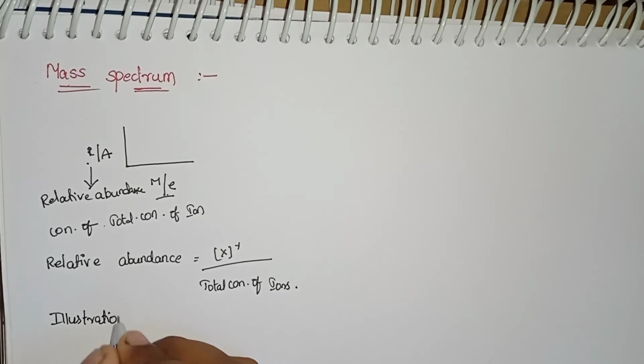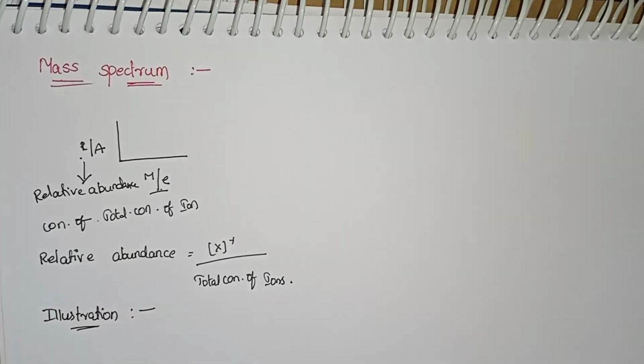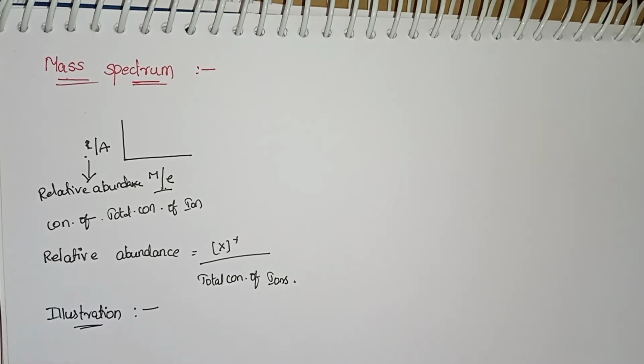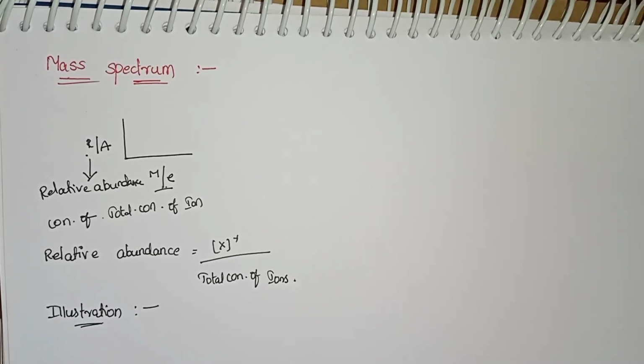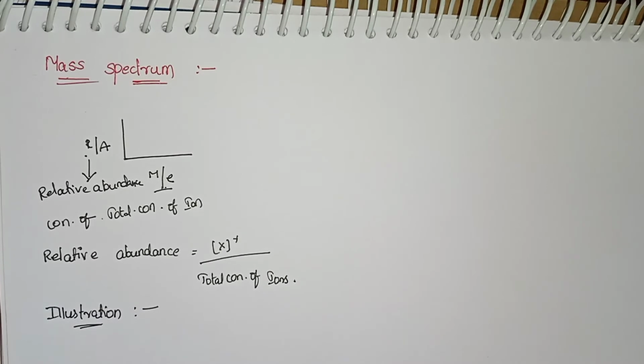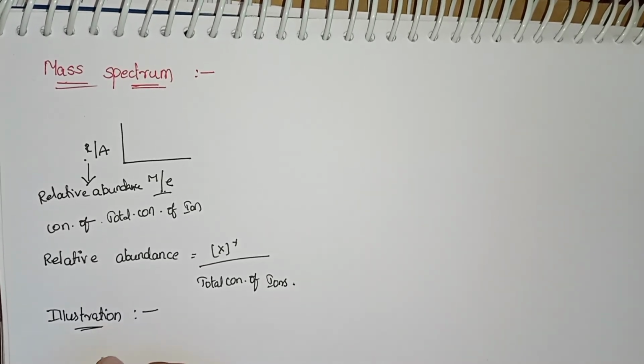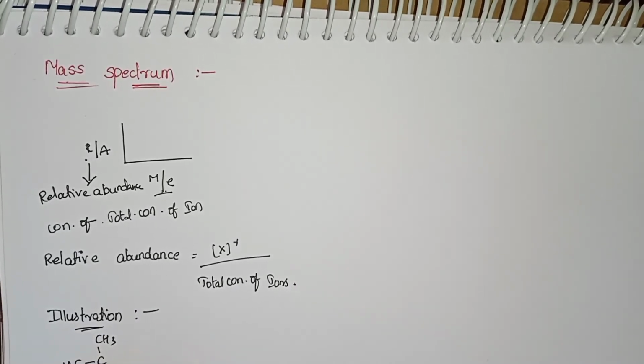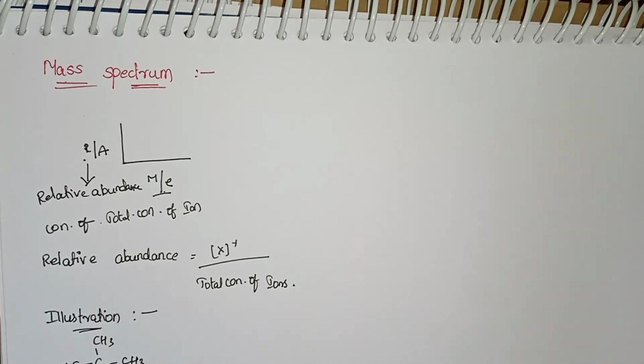For illustration, neopentane, C(CH3)4, when bombarded with an electron beam, gives a molecular ion. It undergoes fragmentation and gives different fragment ions.